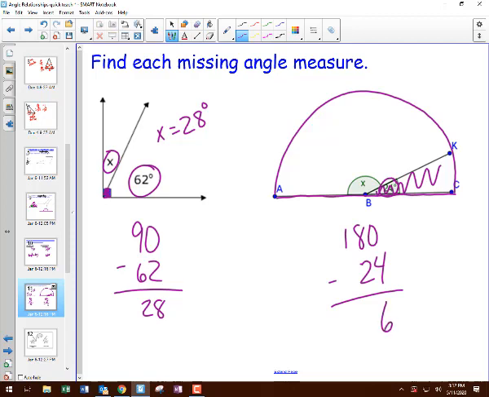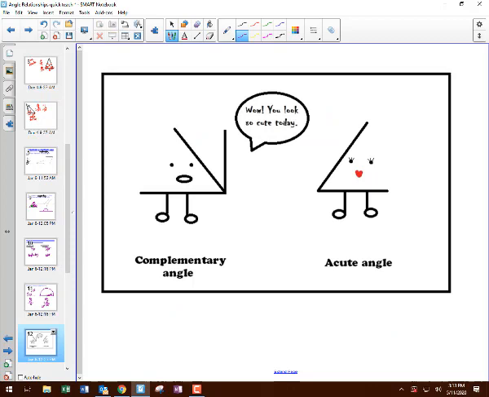I should get 156 degrees. So angle x equals 156. So I just took 180 minus 24 to find the missing angle. Alright, so remember, complementary angles are made up of acute angles.